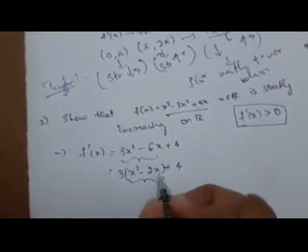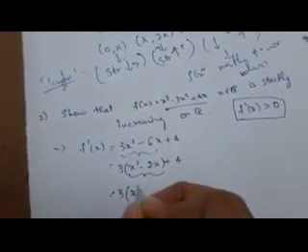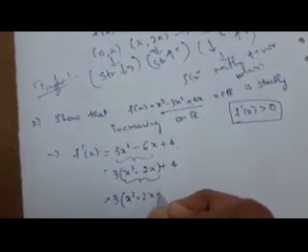To approach this point, from the first two terms I take 3 common outside. What happens? X square minus 2x plus 4. Within this bracket I do the completing the square process. Here we have x square minus 2x. If I add plus 1 and minus 1 within this bracket, we get 3 into x square minus 2x plus 1 minus 1 plus 4.